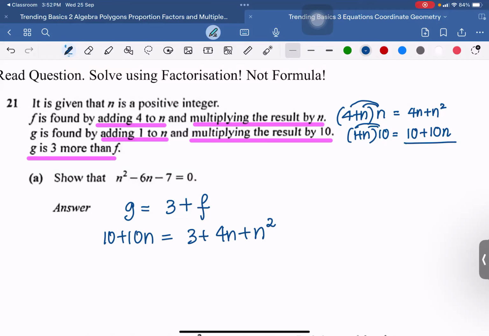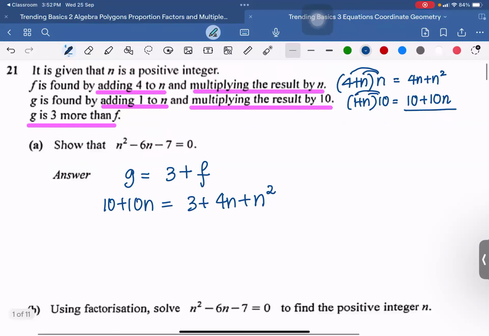Okay, so once I have this, I will try to make it equal to 0. I'm going to shift everything over to the other side because n squared is here, it's positive. So I'll rearrange n squared, and then minus 10 and minus 10.